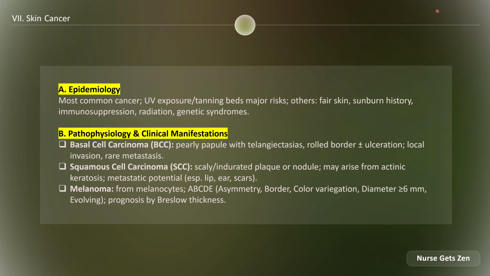Non-melanoma skin cancer includes basal cell and squamous cell carcinomas.